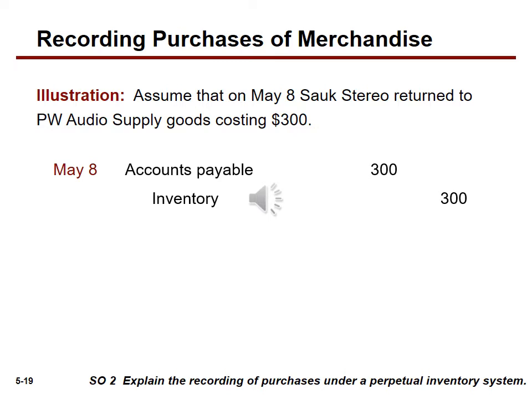All we do is just reverse our transaction. When we purchased the products, we debited inventory and credited accounts payable. All we're going to do now is debit accounts payable to reduce its balance and credit inventory to also reduce its balance for that specific amount, which is the value of the goods that we have returned.